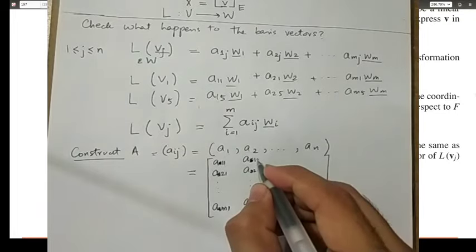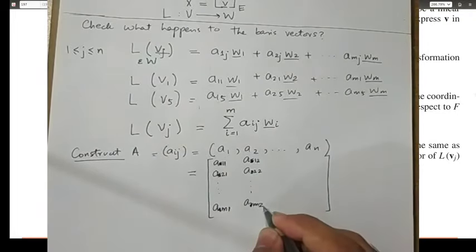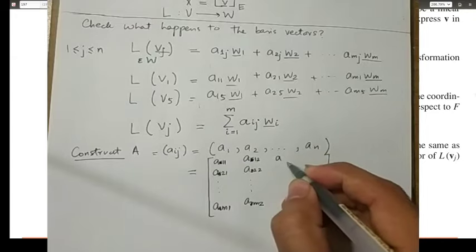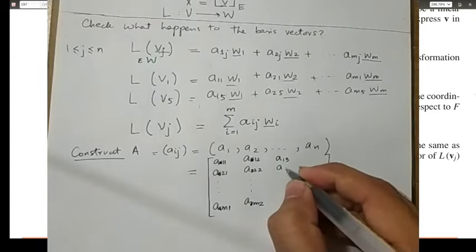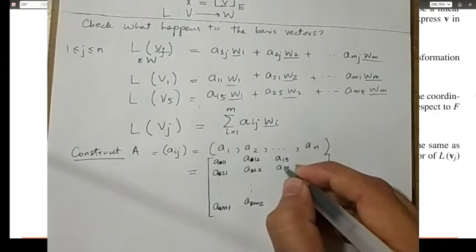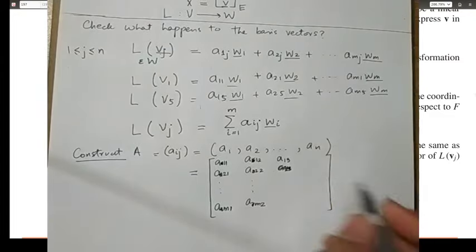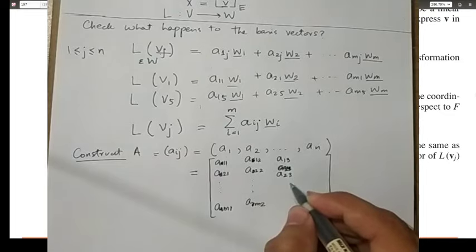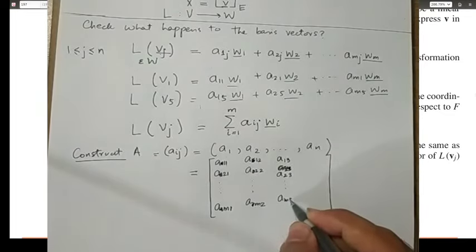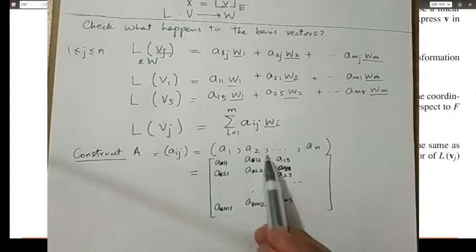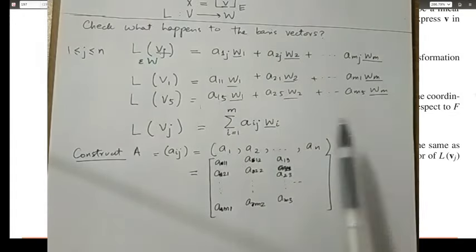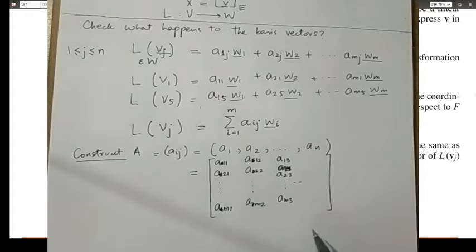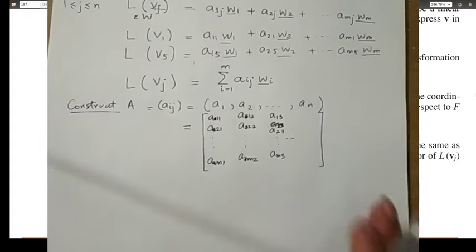So this is A12, A22, Am2. Similarly, A13, A23 up until Am3 and so on. So these are the columns. So A1 was given by this, A11, A21, and so on. Okay. This is the matrix that we've constructed.